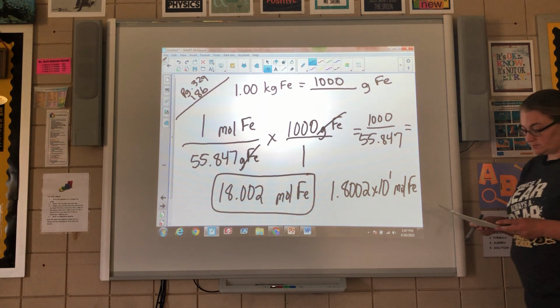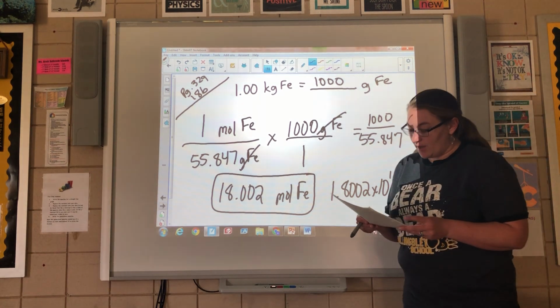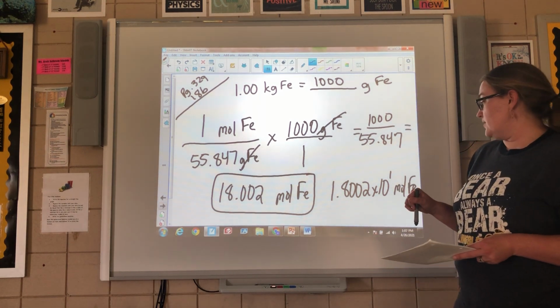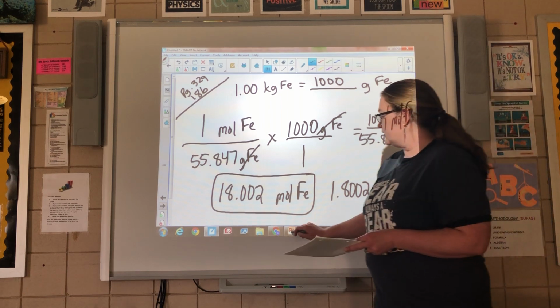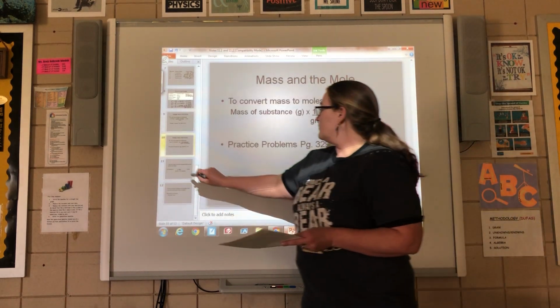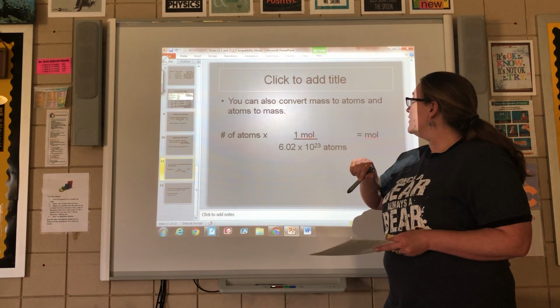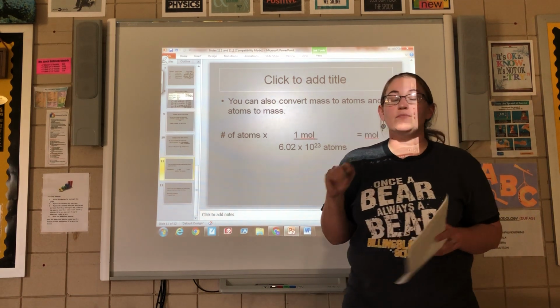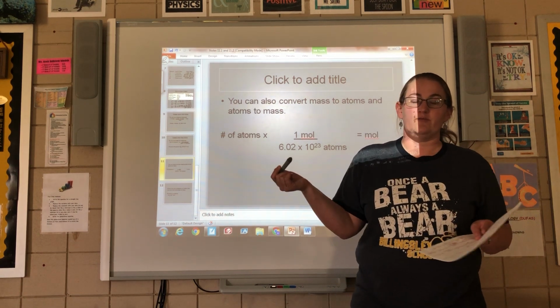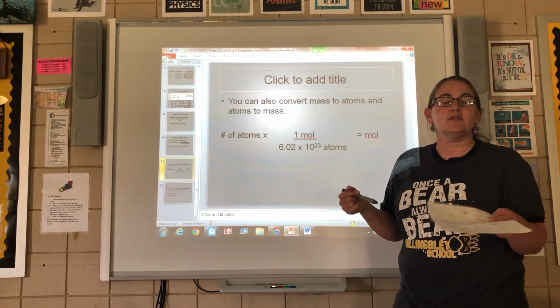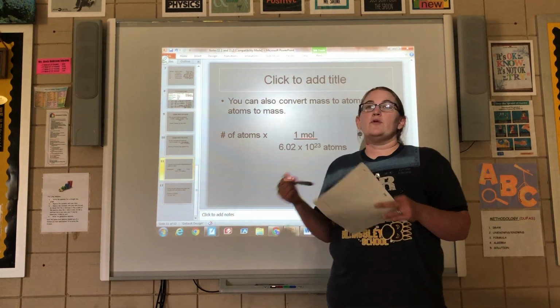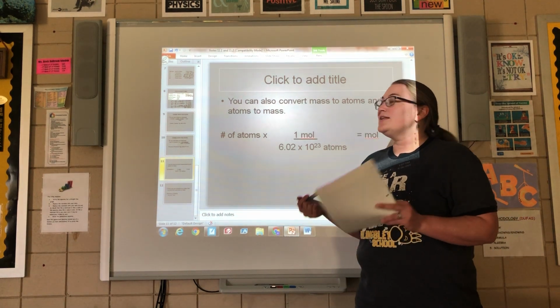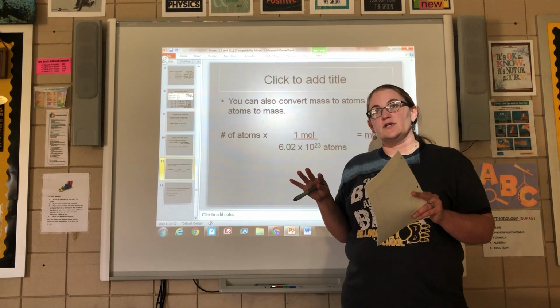Okay? All right, so the next set of problems, if we look, we're adding another step. So we did moles to atoms yesterday, or representative particles. It could have been atoms, it could have been molecules, it could have been formula units. And today we're doing mass to moles and vice versa.